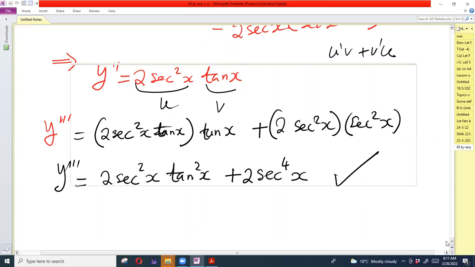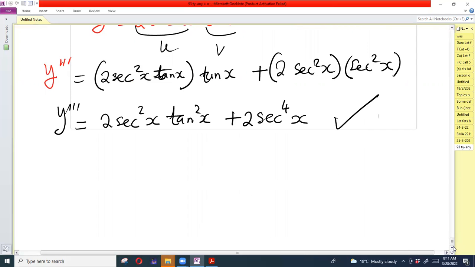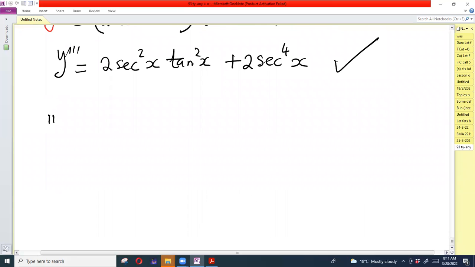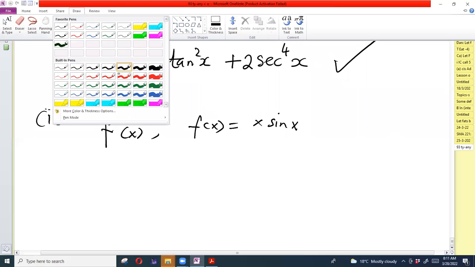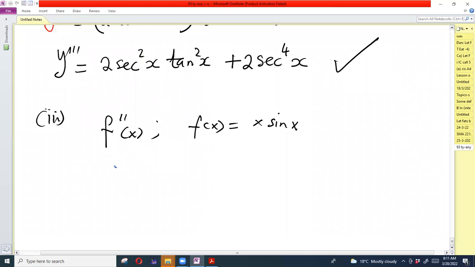And then lastly, 3, f double prime when f is x sine of x. Now the first derivative, so let this one be u, this one be v.